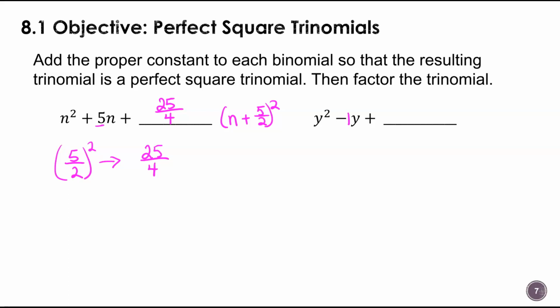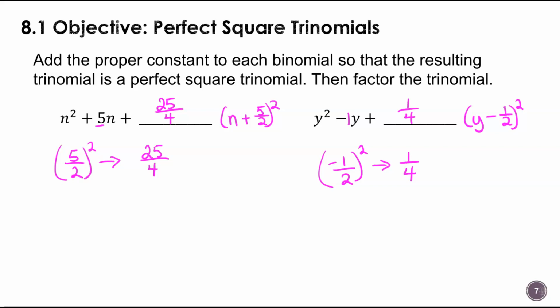All right, so this middle term is -1. So we take -1 divided by 2. And then when we square that, it's going to be 1/4. Right, so 1/4 is the number that we will use to complete the square. In factored form, this is (y - 1/2)², because whatever half of my middle term was, that's the number that goes in to make this in factored form.